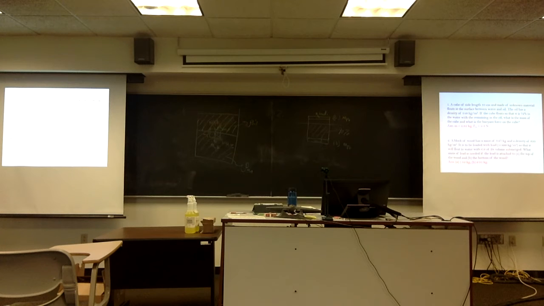Then this one is going to be 0.28 times V_O. So that way all your V_Os are the same, and you can cancel out the volume of the object as well. All your V_Os are going to cancel.